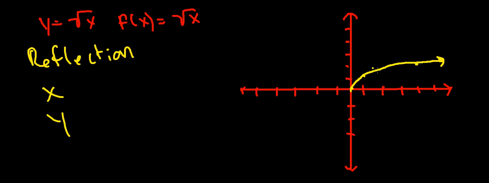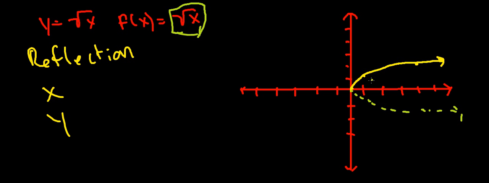So reflection about the x-axis would mean that I want this graph to be down here, like this. So if I want to reflect it about the x-axis, and I look at my equation, how would I go about doing that? How would I manipulate this so it would look like this?